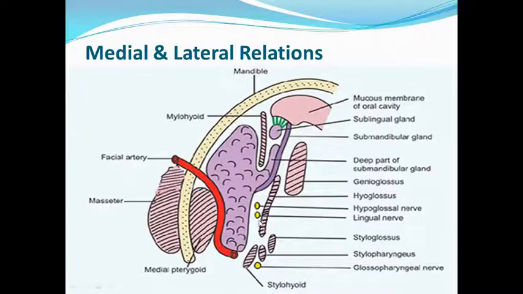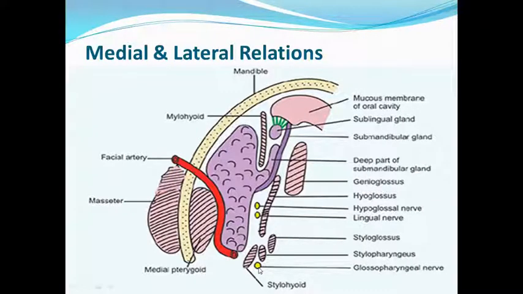These four structures are in relation to the middle part of the medial surface of the superficial part of the submandibular gland, and the posterior part of the medial surface will have the lower part of the styloglossus muscle, and the stylohyoid muscle and ligament.